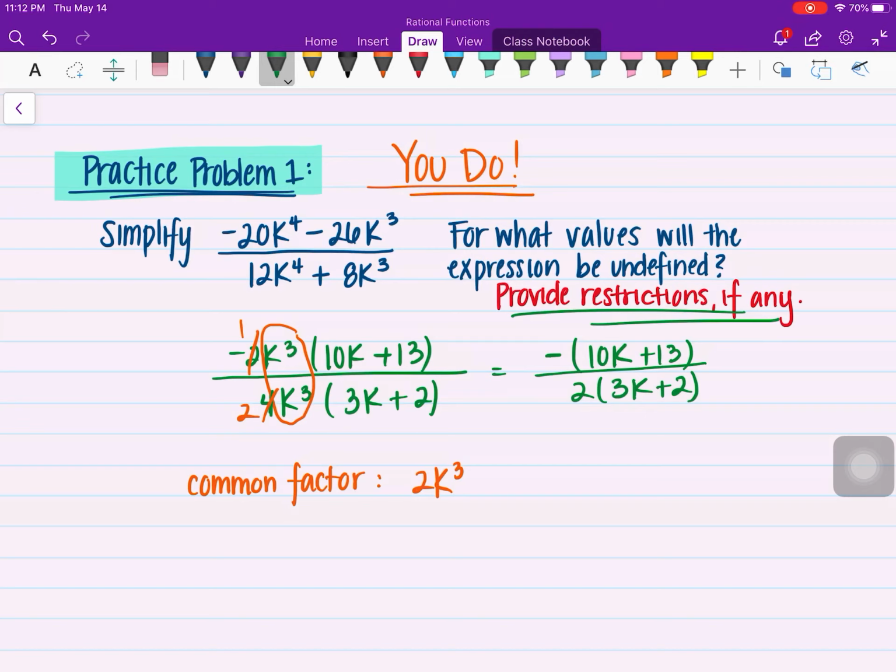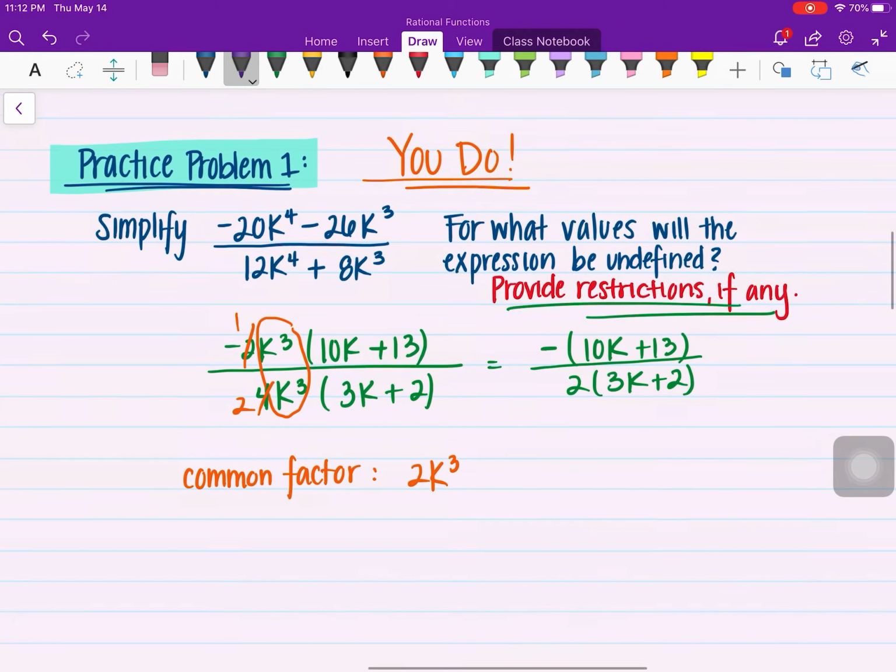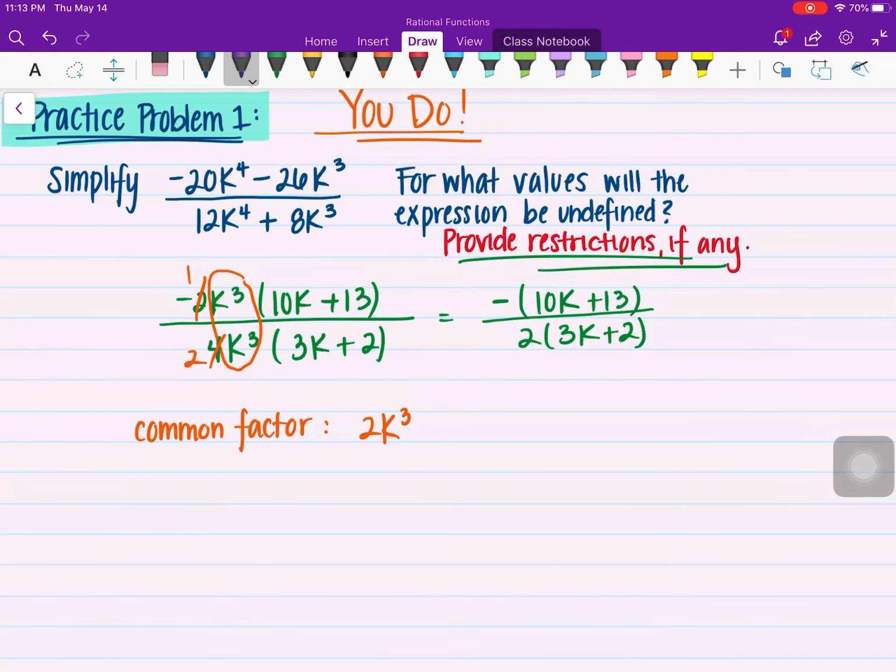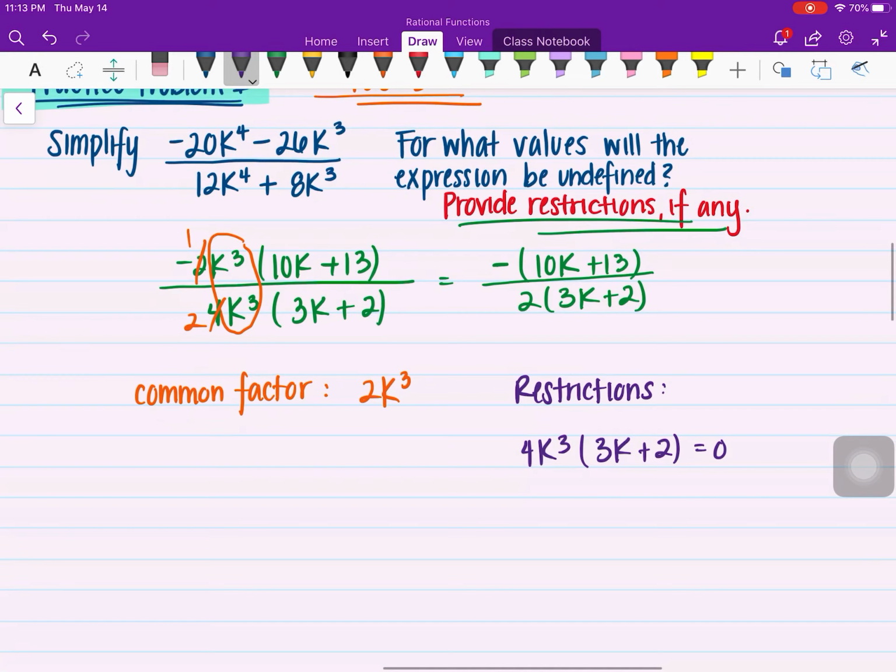This is all once again based off what values would make our denominator equal to 0. So I have my denominator, and I'm going to express it using the factored form. These are the restrictions. I have 4k^3 times (3k + 2), and we're going to make this equal to 0.